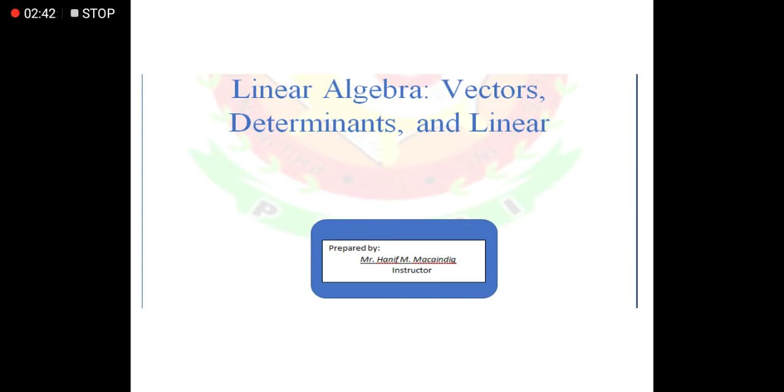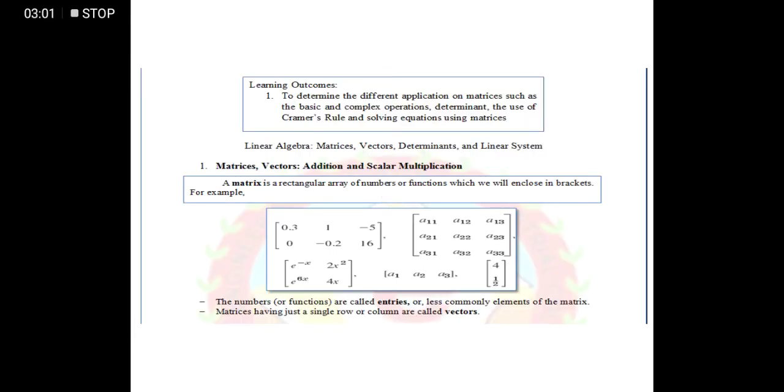Matrices actually have many applications with regards to science or engineering applications, marami yan siyang applications. And in fact, may apply din natin yun siya sa programming, okay? So, now we have here learning outcomes.